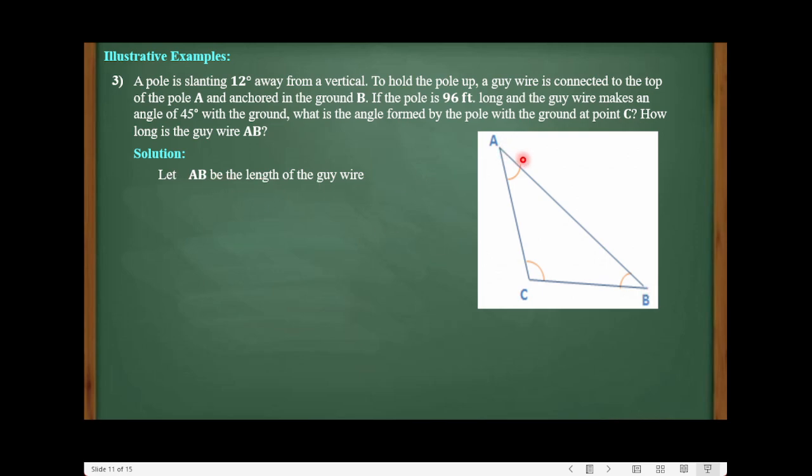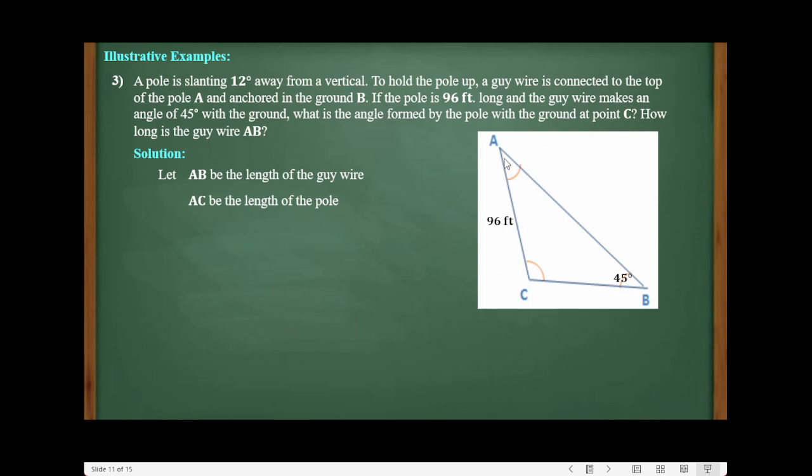So this is the guy wire, and AC here is the pole that is tilted at an angle of 12 degrees with the vertical. And, of course, the pole has a length of 96 feet.